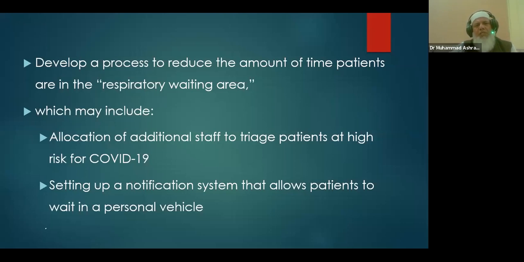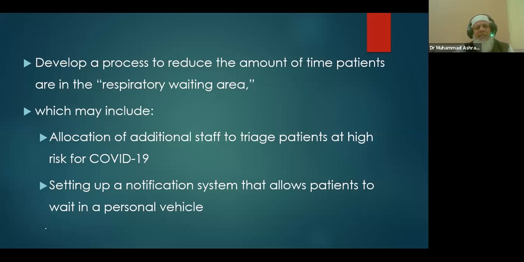So how can we reduce this waiting time? One measure is allocation of additional staff to triage patients at high risk of COVID-19, so that we can handle the many people coming to the triage area. If more staff is there, we will clear them early, so the waiting time in these waiting areas will be less.